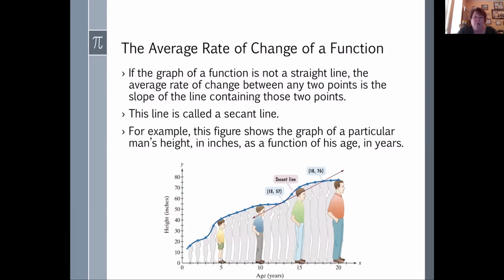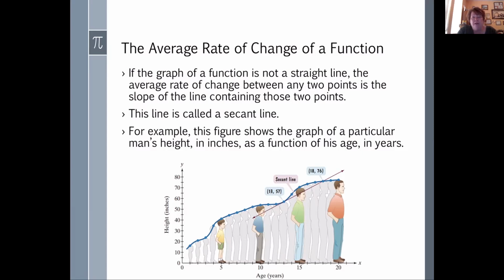So when this young man was 13 years old, he was 57 inches tall. And then we could pick another point, (18, 76), which means that when this young man was 18 years old, he was 76 inches tall. We could connect those 2 points by a line.